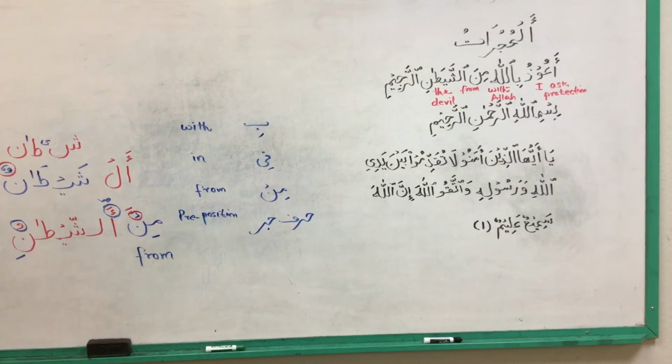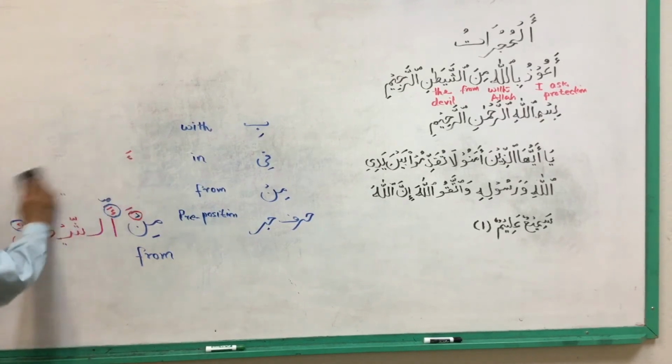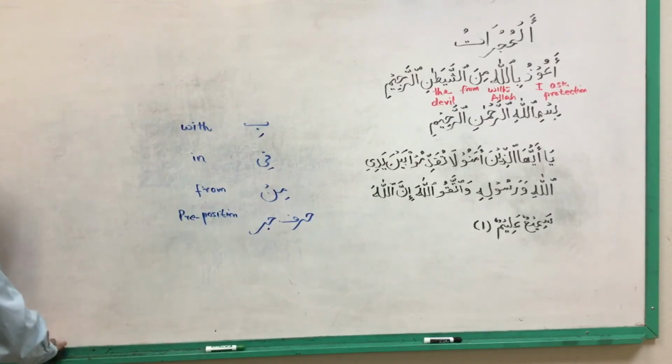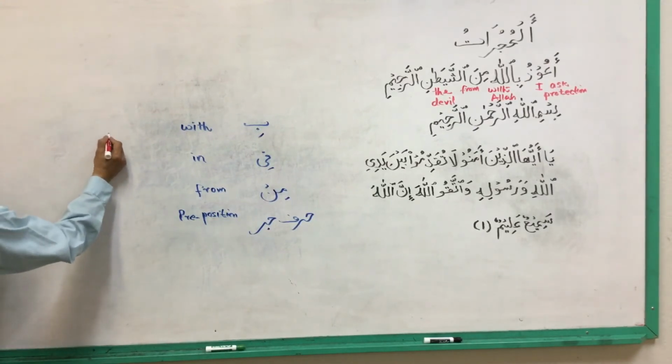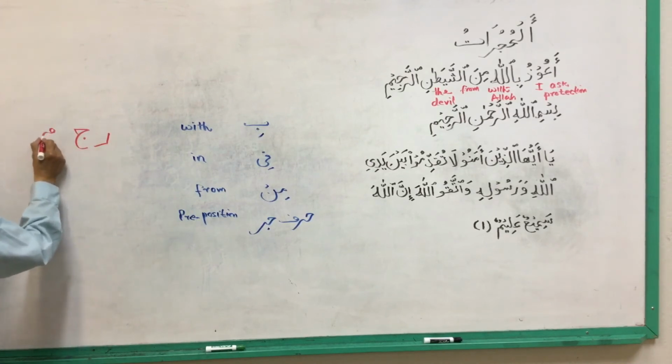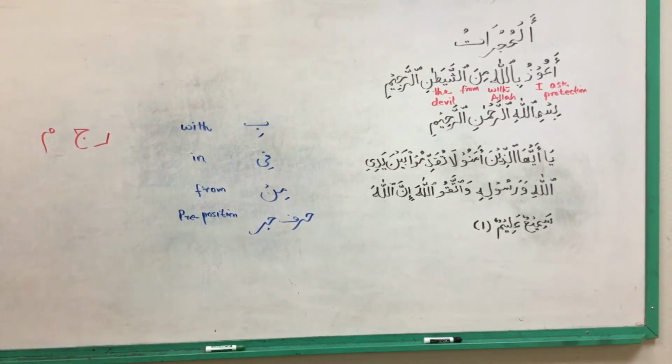The next word is ar-rajimi. So let's look at that word. This starts with these three letters: Ra, Jim, and Mim.